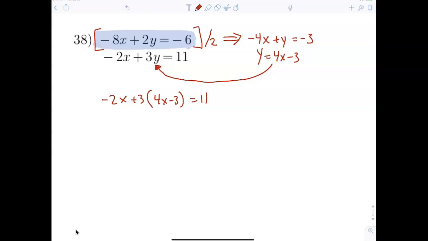Everybody agree? Distributing, negative 2x plus 12x minus 9 equals 11. 10x equals 20. X equals 2.